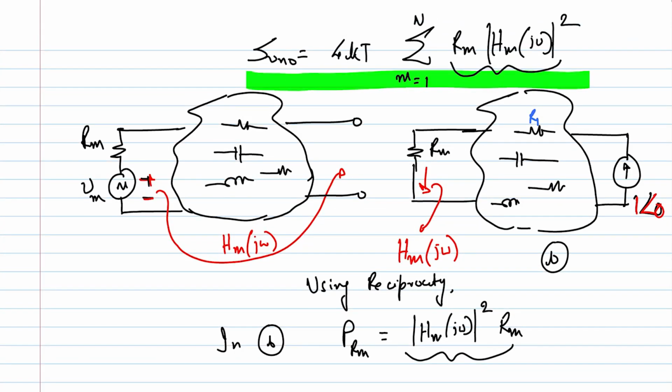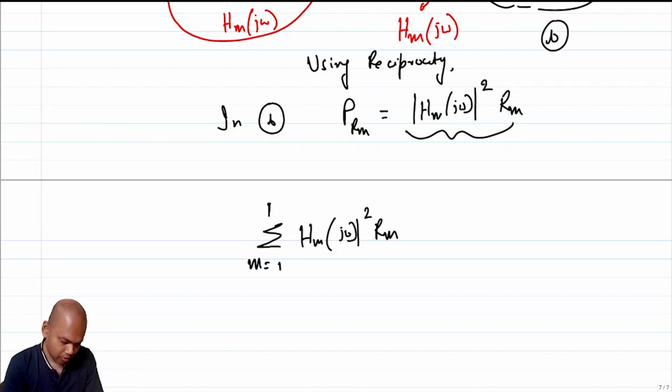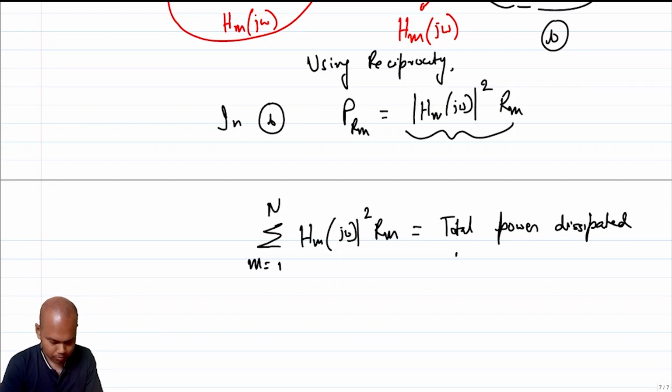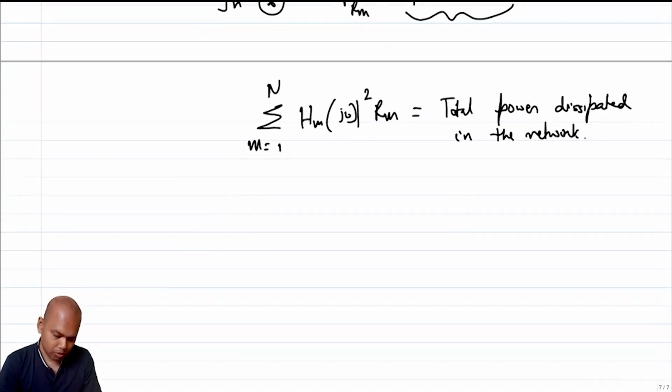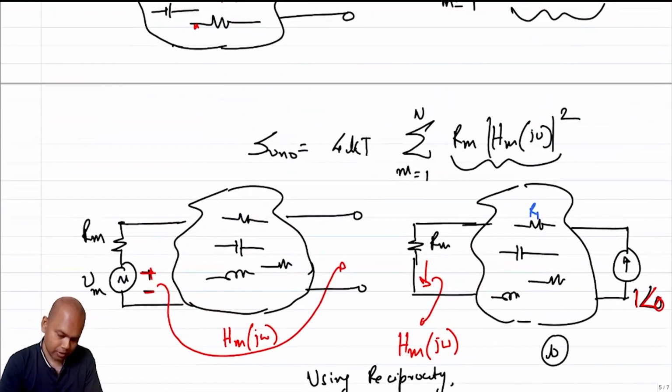So then what does the summation of |Hm(jω)| squared Rm mean? This is the total power dissipated in the network.